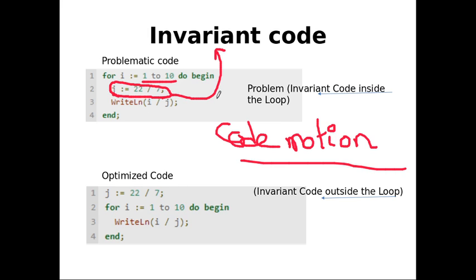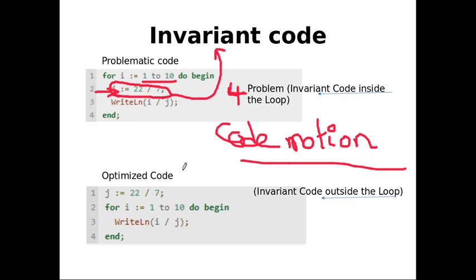Now observe, when you are moving that instruction outside of the loop, the code becomes j equal to 22 by 7. If for calculating j equal to 22 by 7 you require 4 CPU clock cycles, then 10 times 10 into 4, 40 clock cycles we required for only this second instruction.